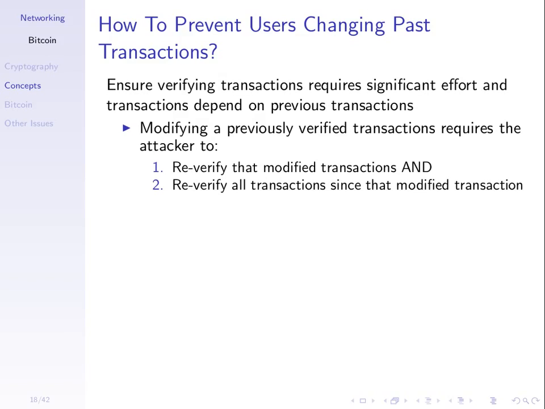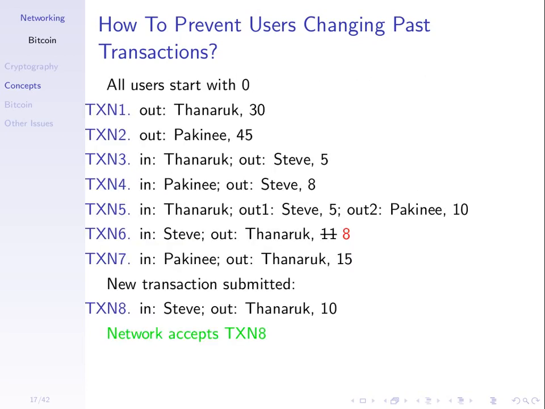And that once one transaction is verified, the next transaction depends upon that. What Bitcoin will do to try and stop this is to make sure that to verify a new transaction, it requires some time or some effort on the part of people who verify, and that the subsequent transactions depend upon the previous one.